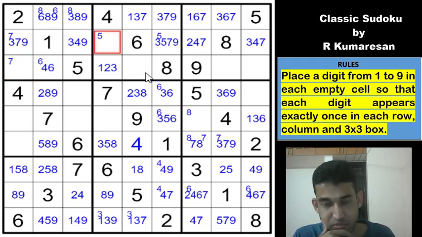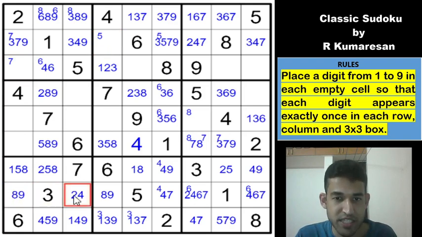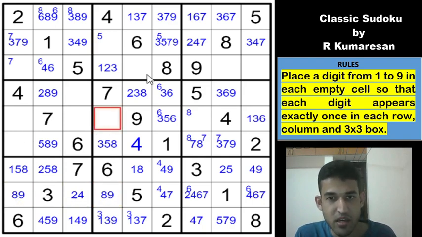I think at this point we should be able to see something maybe. So I'll try to focus on cells which have only 2 candidates in them, maybe get something from there. So you have an 8-9 pair here. Do I have any other row which has 8 or 9 maybe in one of these 2 cells, maybe a skyscraper logic maybe?